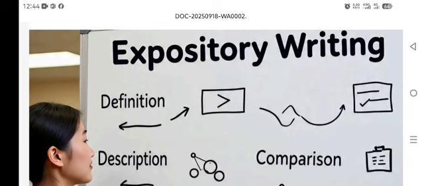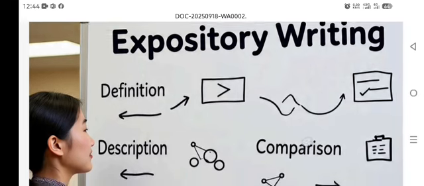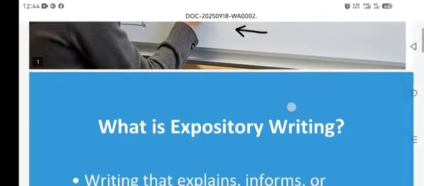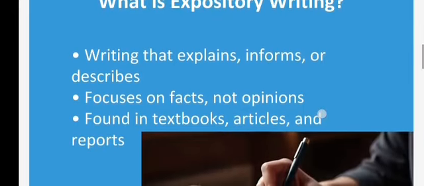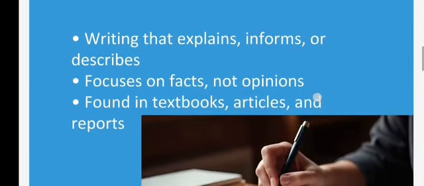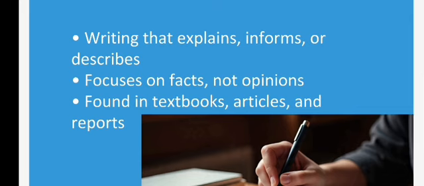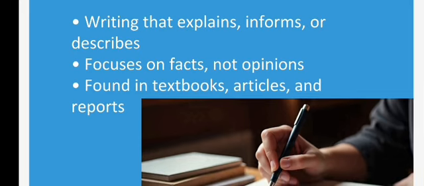But let's learn why such a type of writing is known as expository writing. Expository writing is a type of writing that explains, informs, or describes entities or phenomena. It focuses on facts, not opinions.